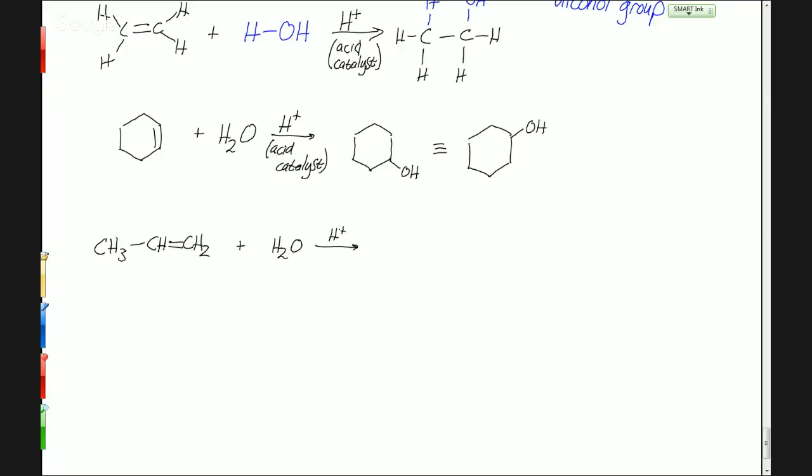So let's look at the same thing. Now we actually have choices. Now both sides of the double bond are not the same. It's not symmetrical. So there are two possibilities. So let me draw both possibilities.